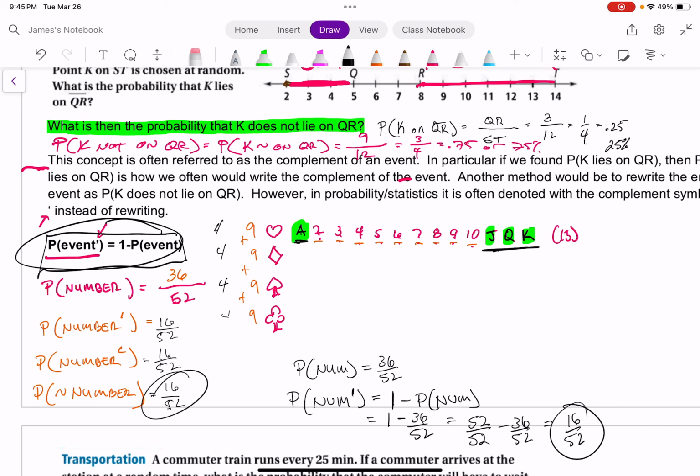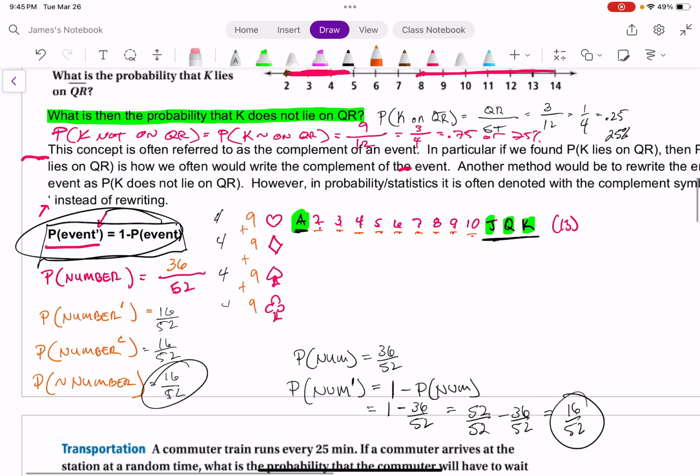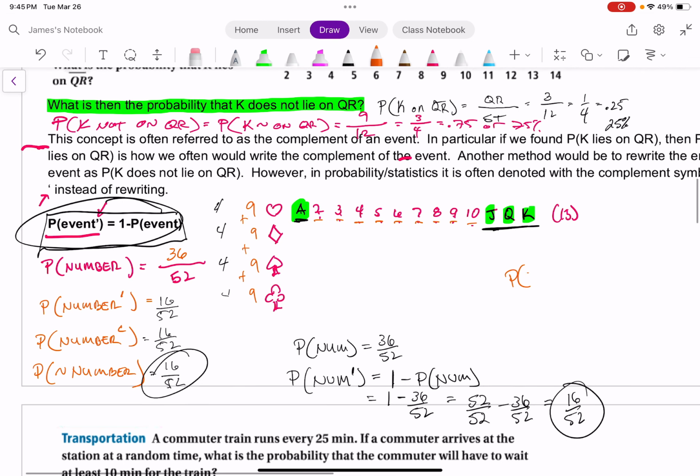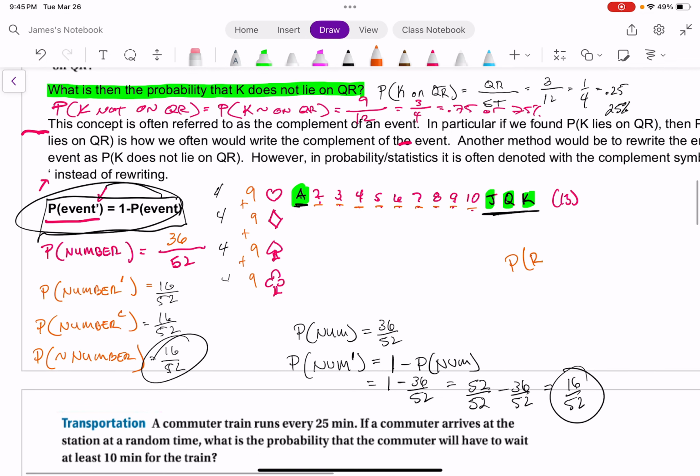Okay. You've probably seen, in everyday life, the probability of rain today was 90%. I write it this way. Probability of rain was 0.9.